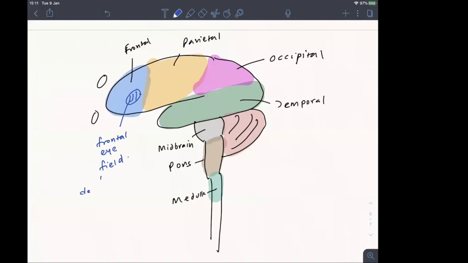The frontal eye field will decide to look to the opposite side. So if you want to look to the right, your left frontal eye field will decide that. If you want to look to the left, your right frontal eye field will decide that. Okay, that is simple enough. It just decides, because your frontal lobe is the one that makes all the decisions.